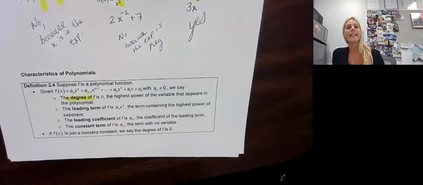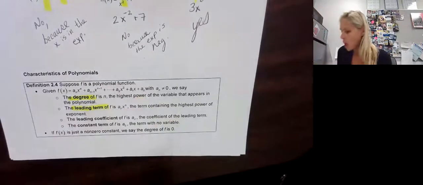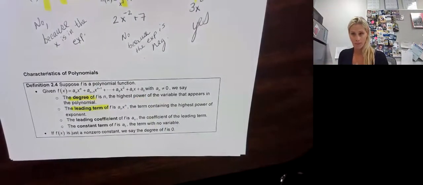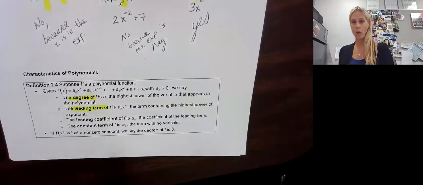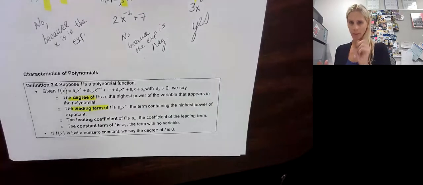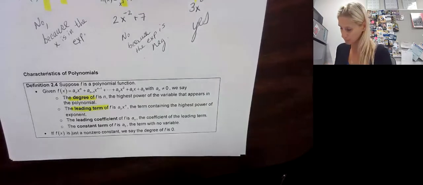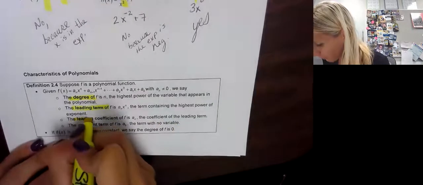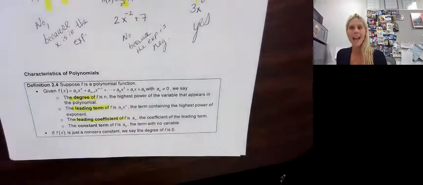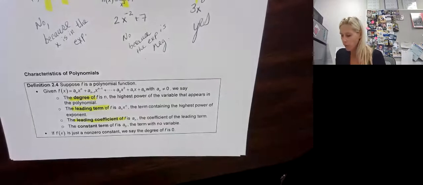Then we have the leading term. The leading term is the term with the highest exponent. Okay, so in standard form, that should be the one in front, but we have to put it in standard form first. Leading coefficient is kind of that a, so it's that number in front of that leading term.